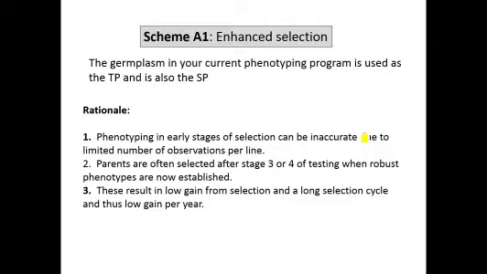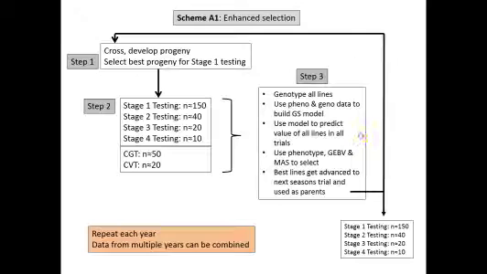These 2 factors result in low gain from selection due to inaccurate selections in stage 1, and also a long selection cycle by only using lines as parents after they've gone through stage 3 or 4 of testing, and this produces low gains per year.